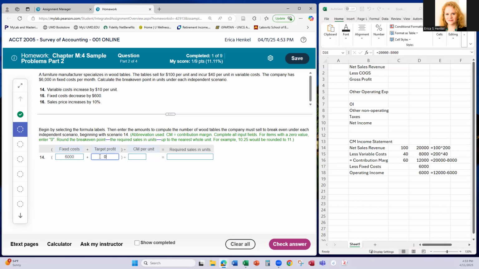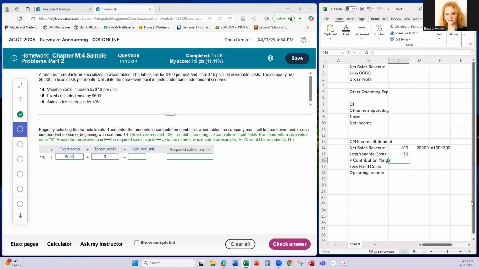Now, tables, $100 per unit, $40 per unit in variable cost. We did that previous example, but now they're saying if our variable costs increase by $10 per unit, then we'd have the $100 price, only now we've got a cost of $50. I'm just going to delete these other numbers for now since we're not using them.